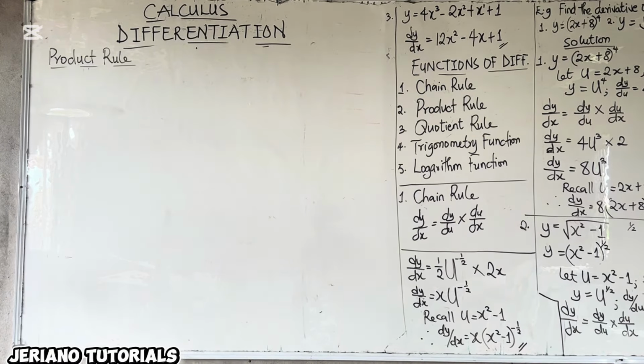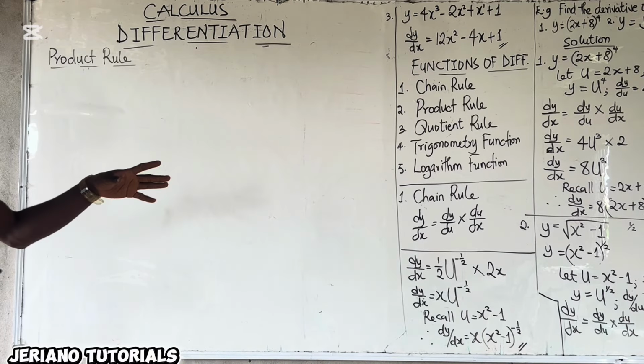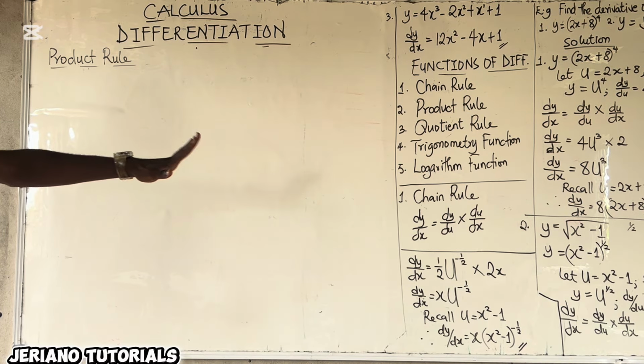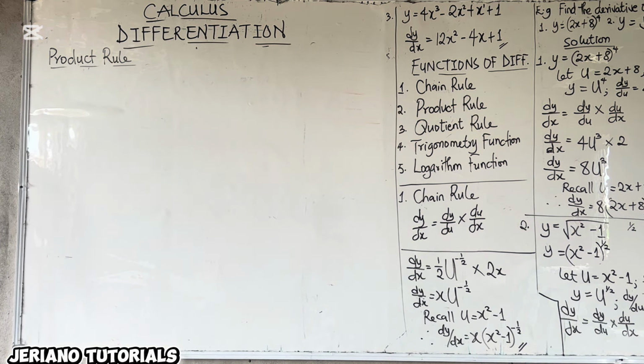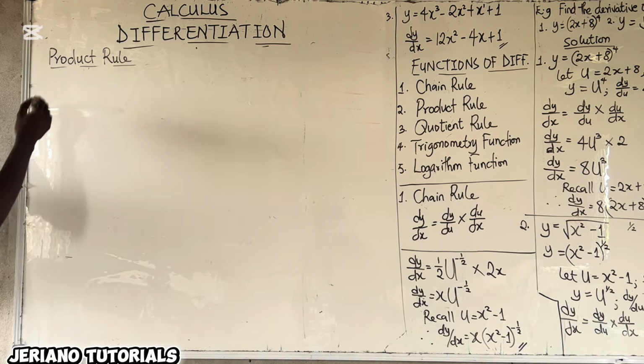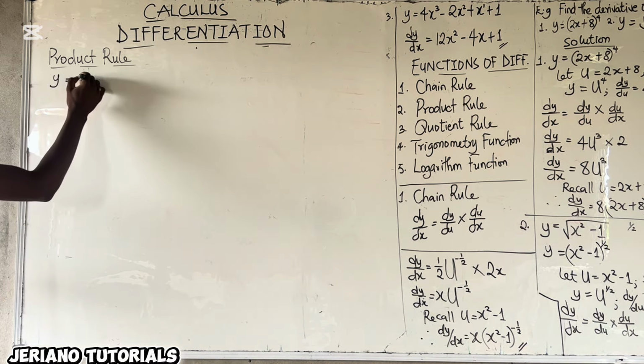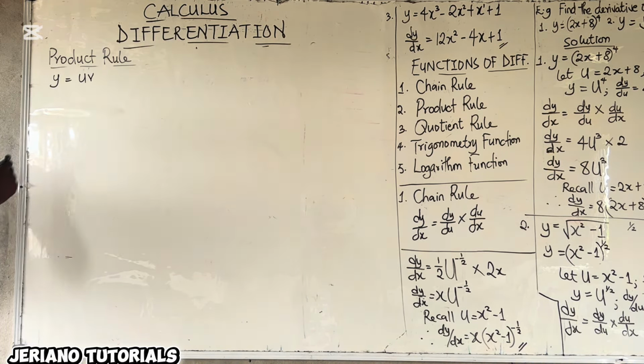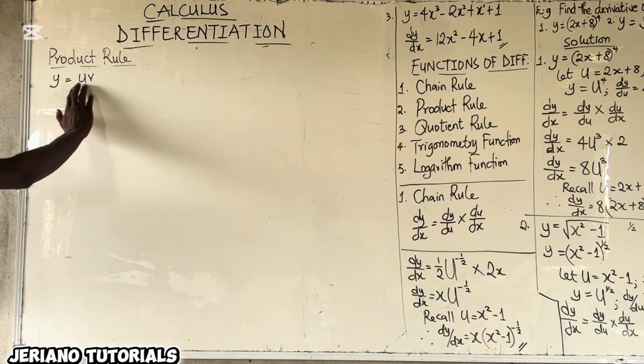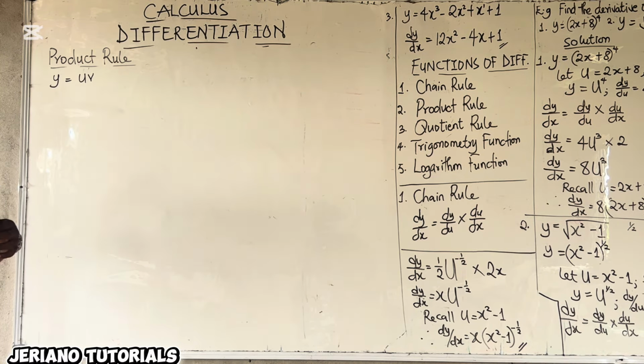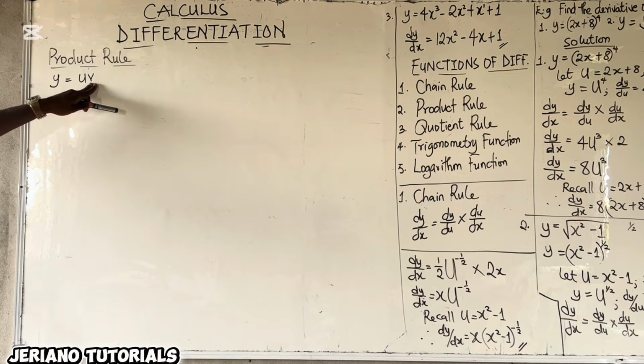Now for the product rule, remember that for chain rule there was an introduction of u. Now there is a slight difference. For product rule, y is equated to uv, because product means multiplication. Now there is an introduction of v.